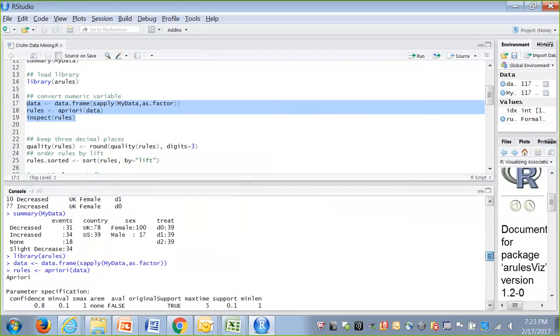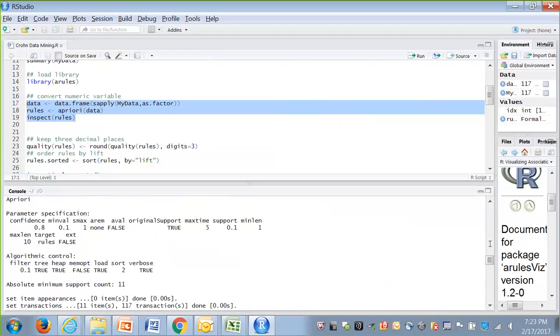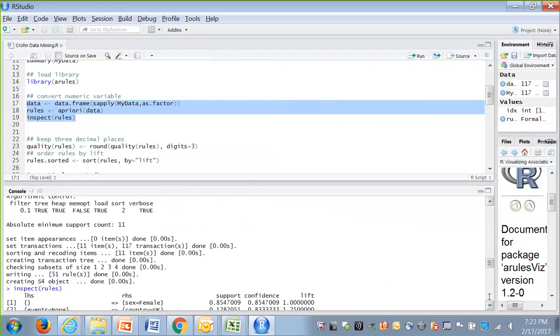I'll go back to my presentation. You'll see some parameter specifications for the Apriori rule, some control units, and we'll go into the support aspect. Then we get to this, which says 51 rules were written, and the number of subsets of data, which we know is 4.